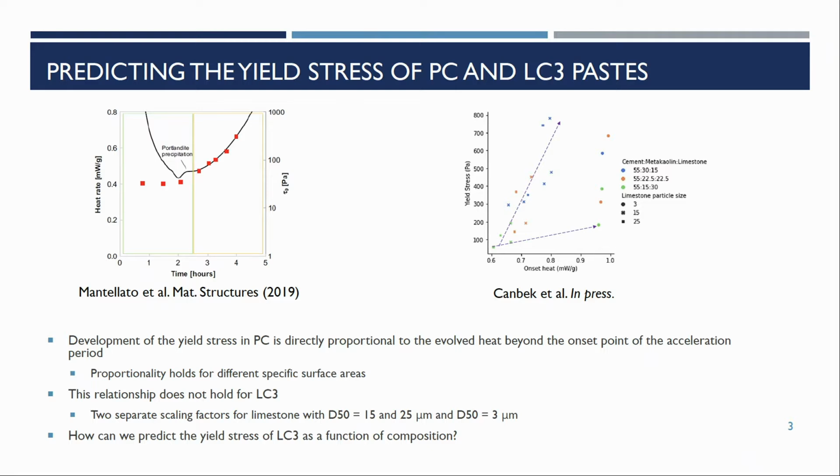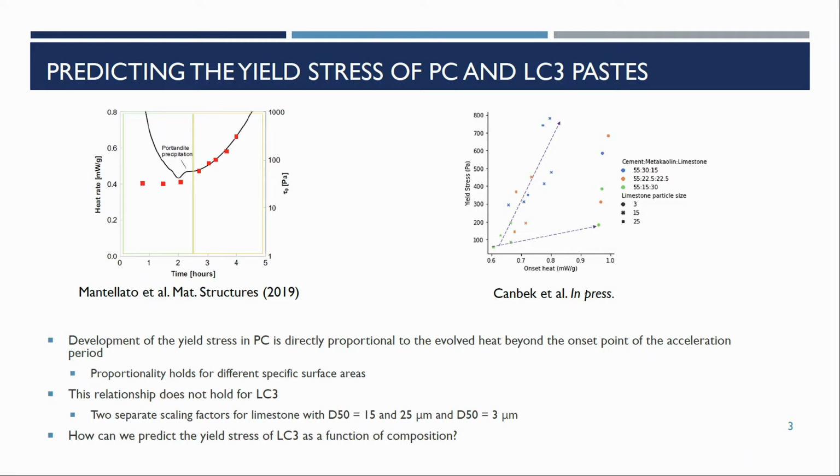When we attempted to reproduce that, we tried 3 different limestone particle sizes: 3 microns, which is on the small side, and then 15 and 25 microns, which are more standard. Certainly for the coarser limestone particles we saw a relationship, but there was a different relationship for the 3 micron.